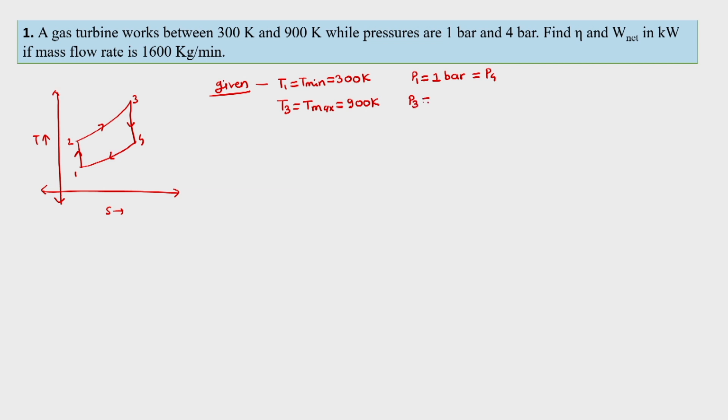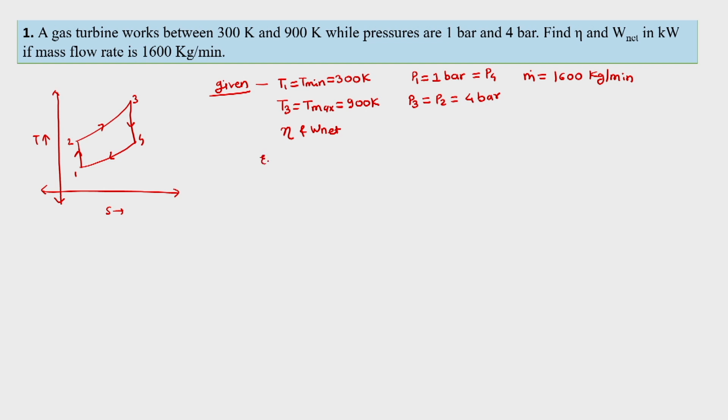It is also told that P3 is equal to P2 is equal to 4 bar. And we are supposed to find out efficiency, and W net, where m dot is given as 1600 kg per minute.